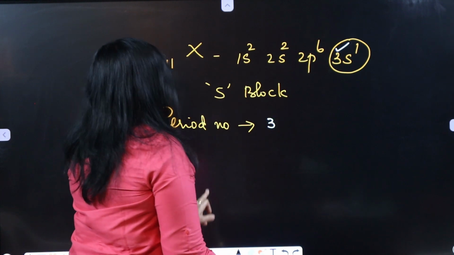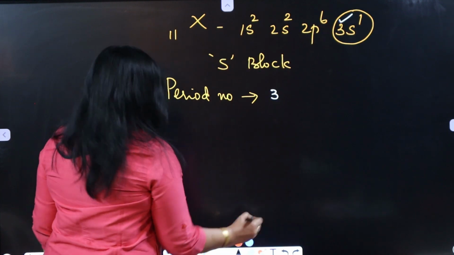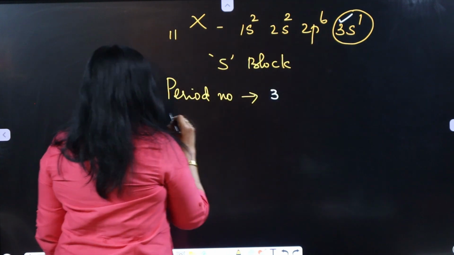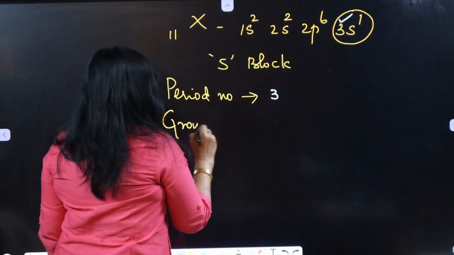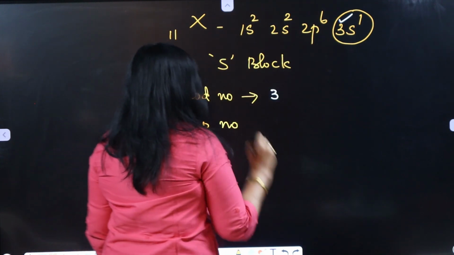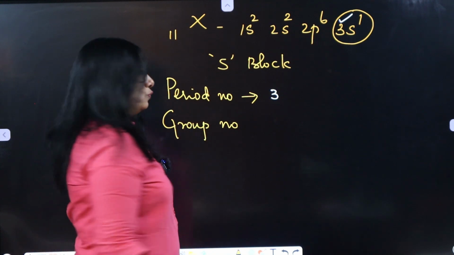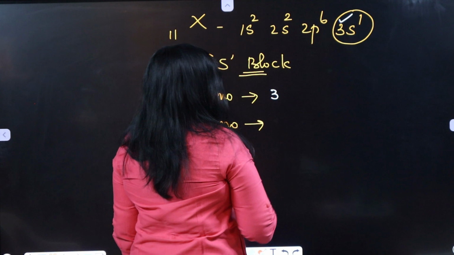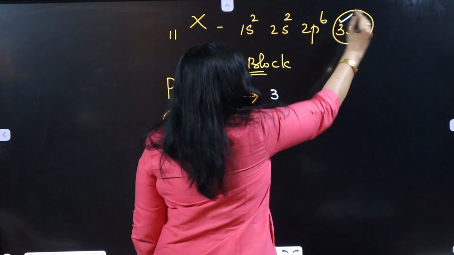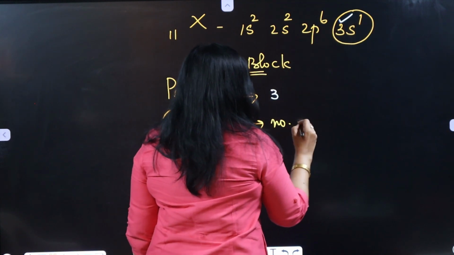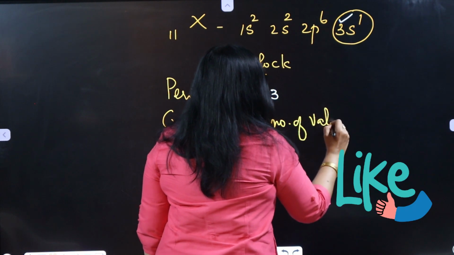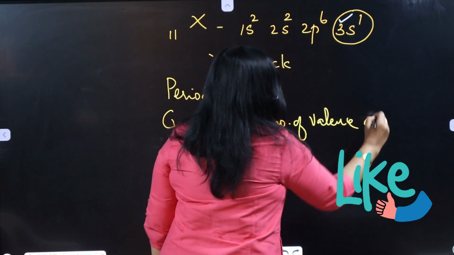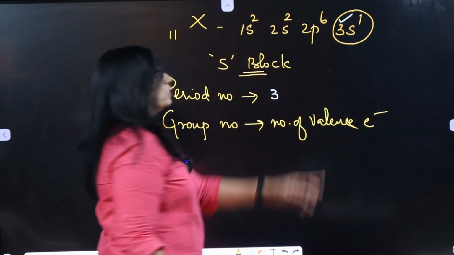Now, what about the group number? To find out the group number, the rule is different for different blocks. For S block elements, the group number is the number of valence electrons. So, how many valence electrons are there?